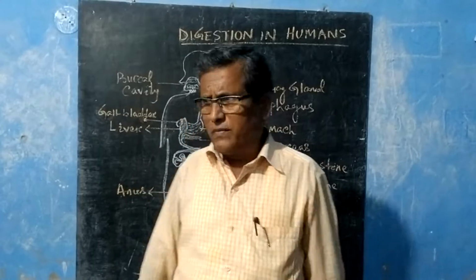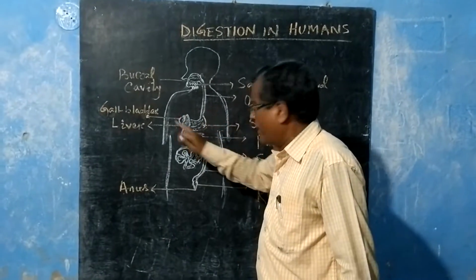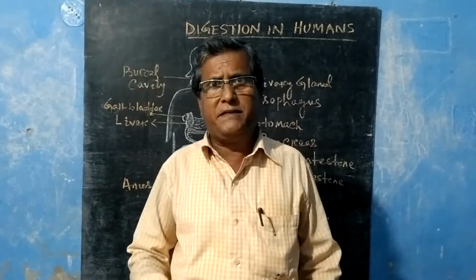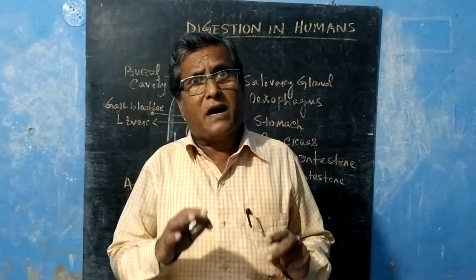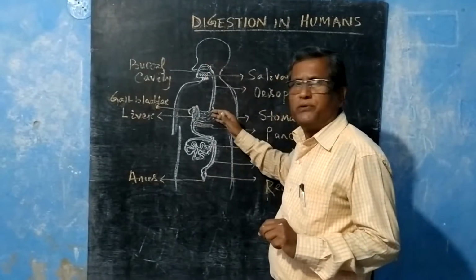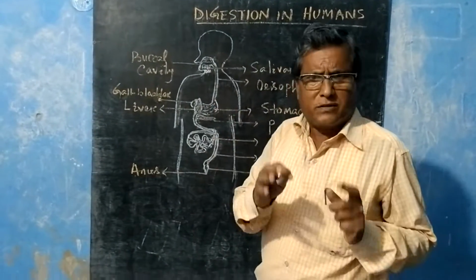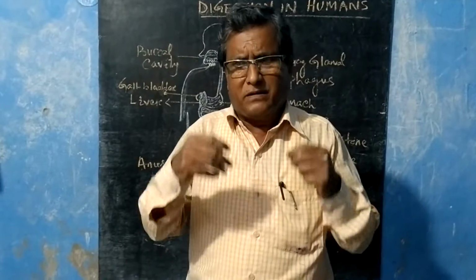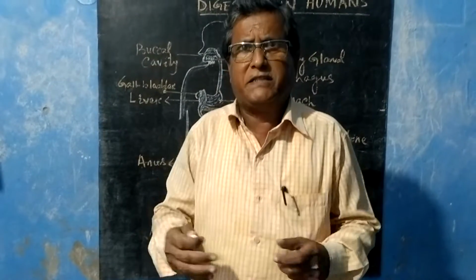The mucus protects the inner wall of the stomach. The hydrochloric acid kills the harmful bacteria that enter along with the food, and the digestive enzymes help in breaking down or digesting the food.